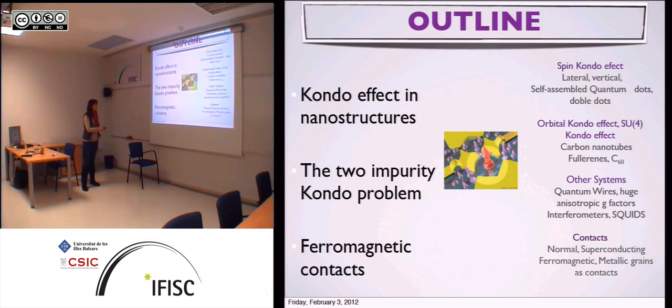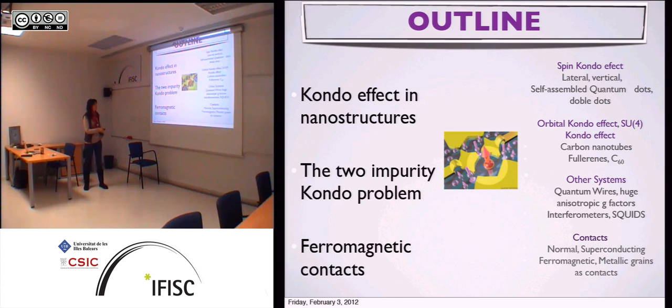We have also seen experiments in quantum wires with huge anisotropic g factors, with huge Zeeman splittings, in SQUIDs with superconductors, and interferometers with two dots that make an interference pattern between the transport through both dots, etc.